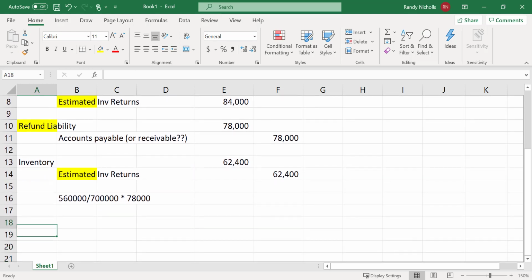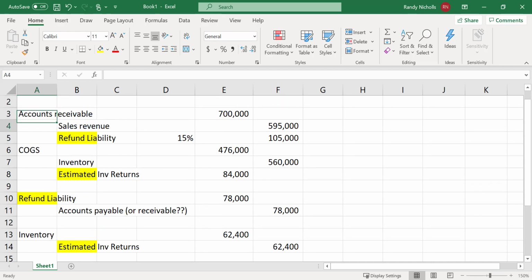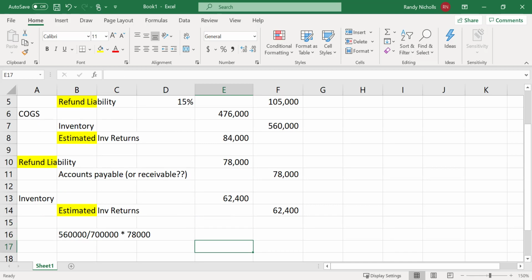And the question goes on further to say, what happens now that the 3 months are over and they have no more right of return? Right? They've returned everything they're going to return. Well, essentially what's happened is I estimated I had a liability of 105. I actually only got returns of 78. So I need to get rid of the rest of that refund liability.